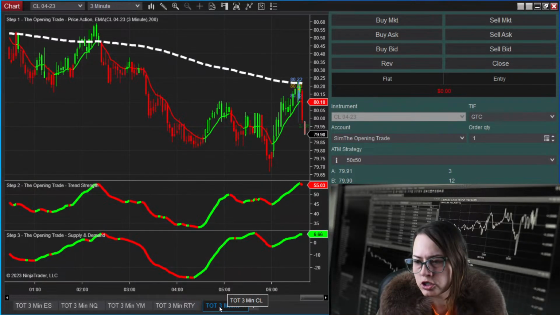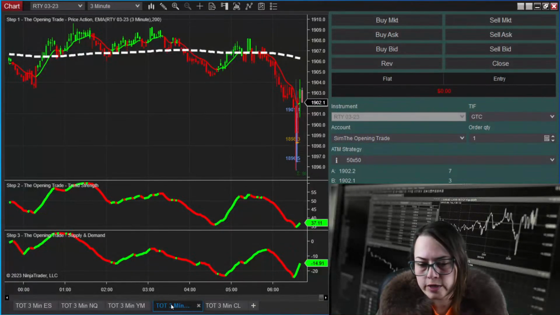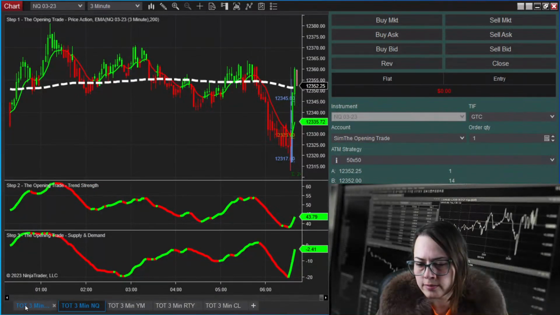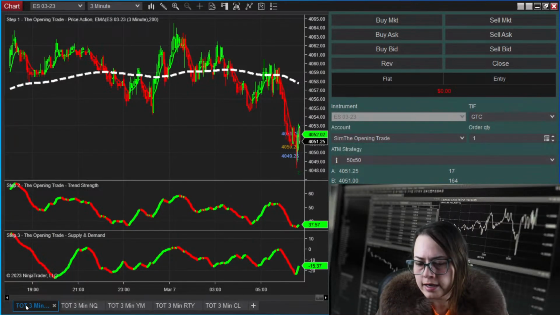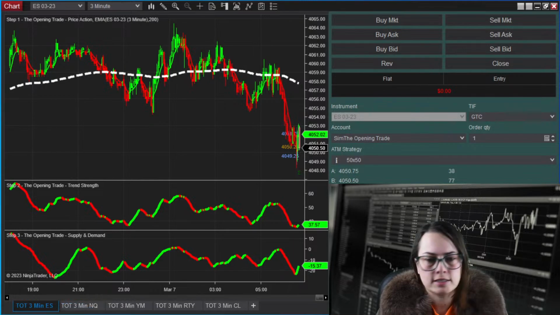Crude oil has jumped down below the 200 period EMA by almost a whole point. So we have less than a minute before we see our first two automated trades here, and it would still take place on the ES, which is the S&P 500, and the NASDAQ. Again, this is on the U.S. futures market.